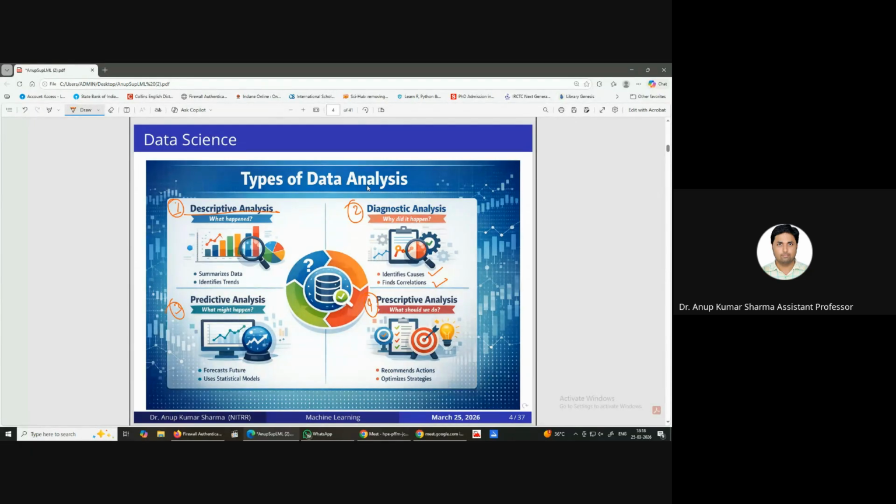So simply in the descriptive analysis, for the given data, we are simply applying the statistical tools or formulas to find the values, and on that basis we have limited information.